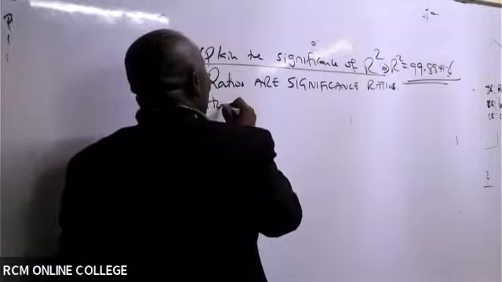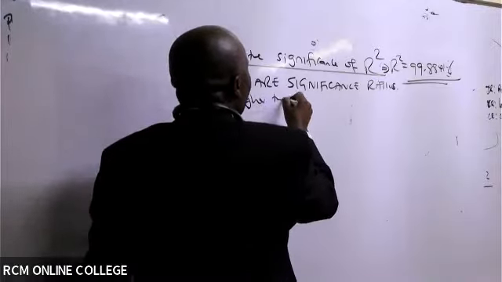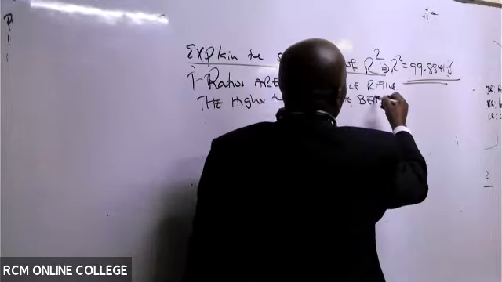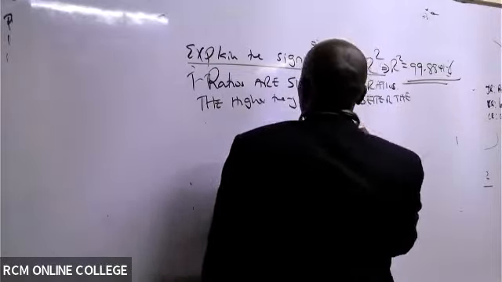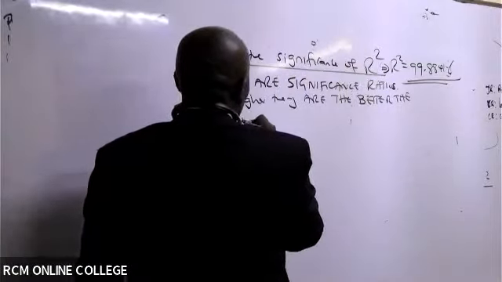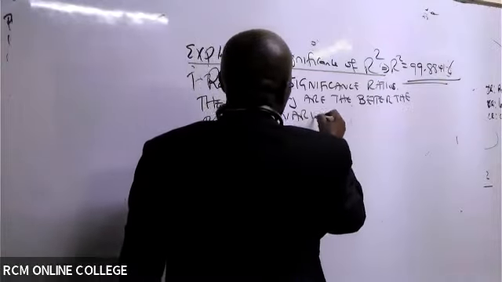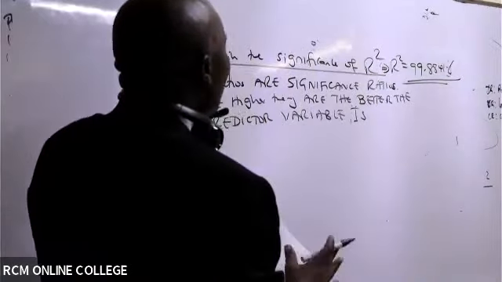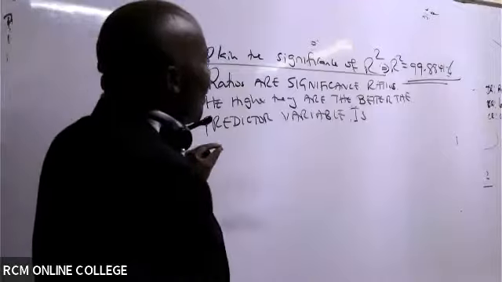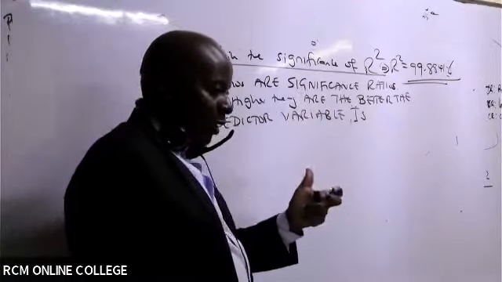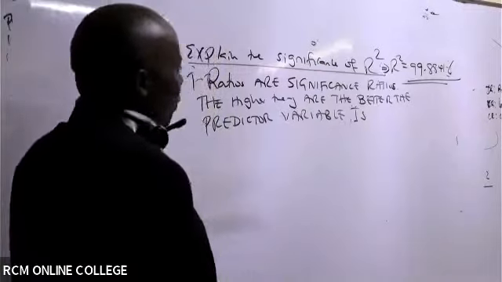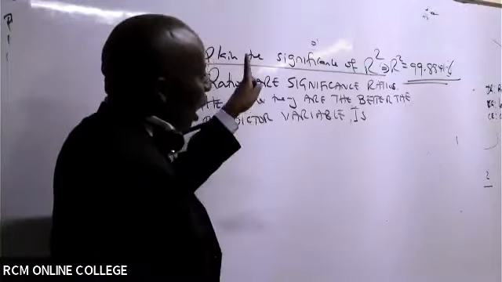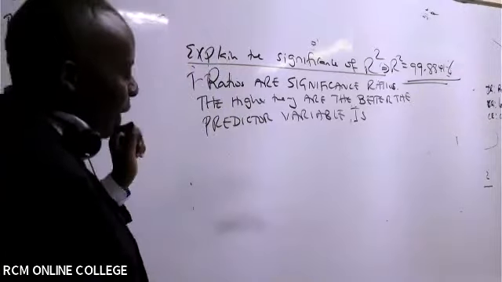So T ratios, whenever you see them, just like the F ratio, are ratios used to measure how significant, how big a variable is. The higher these ratios are, the better the predictor variable is.